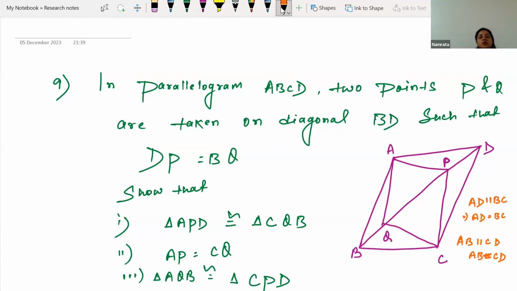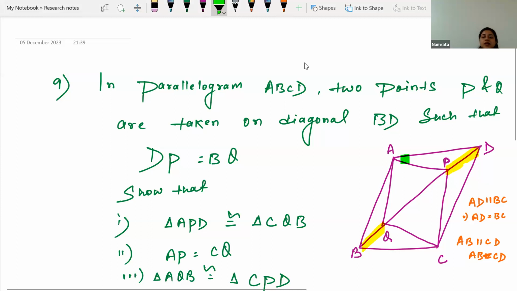Now, 2 points P and Q are taken on the diagonal BD such that DP is equals to BQ. It is also given that this DP and this BQ are same. Now what we have to prove for the first part is that triangle APD and triangle CQB are congruent.